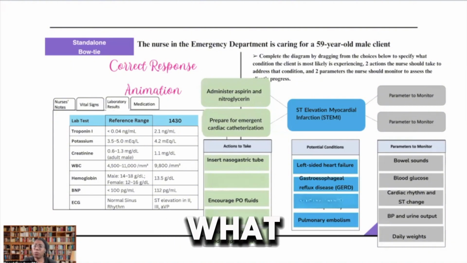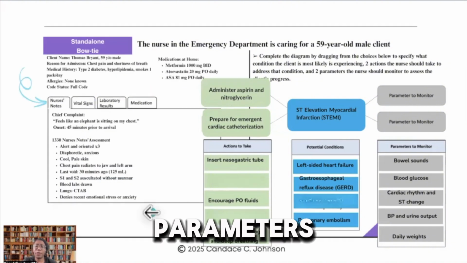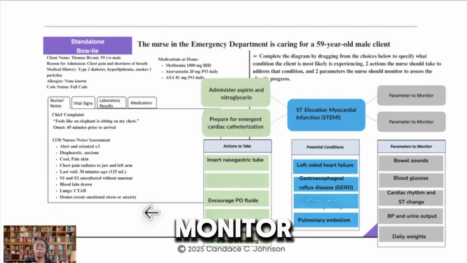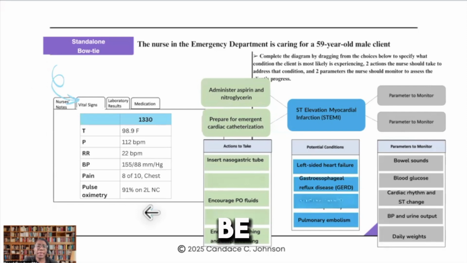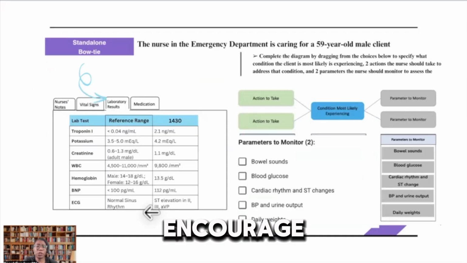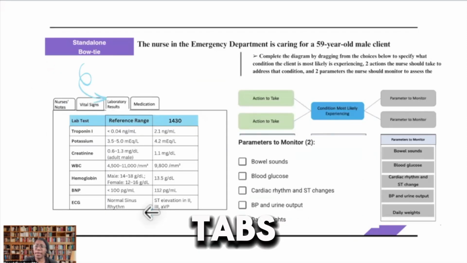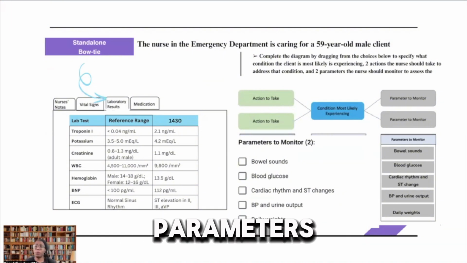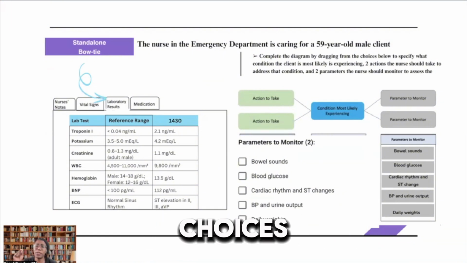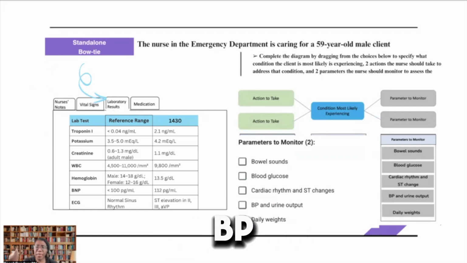Excellent. So what will be our parameters to monitor? No new information, but I always encourage you to go back and take a look at your tabs. Our choices are bowel sounds, blood glucose, cardiac rhythm and ST changes, BP and urine output, or finally daily weights.